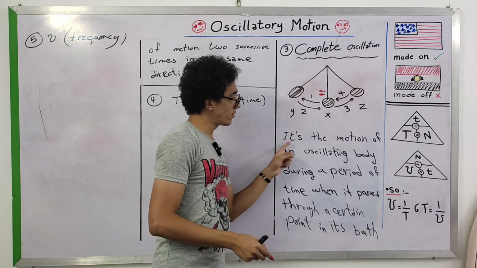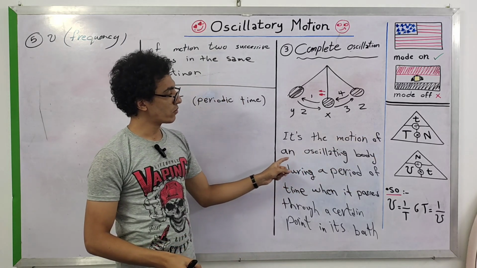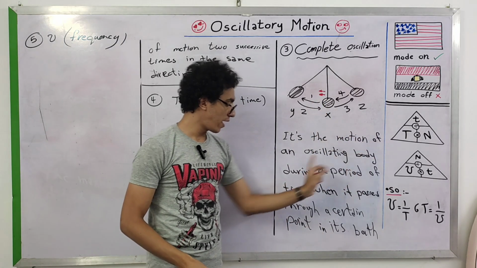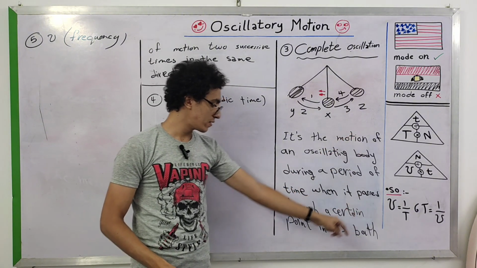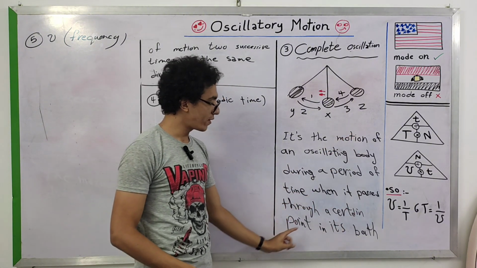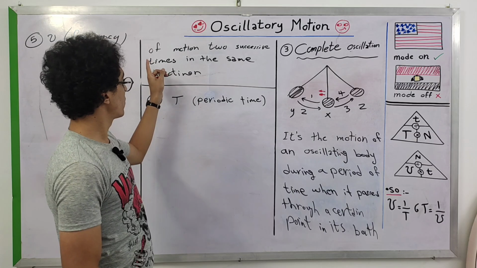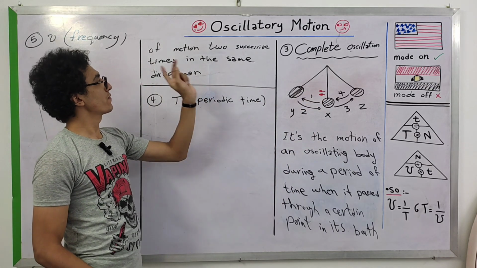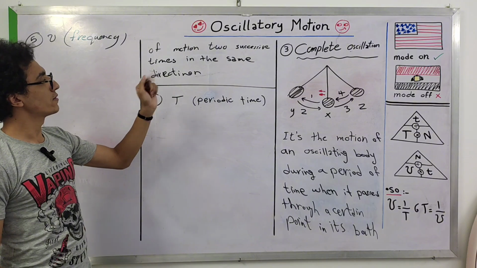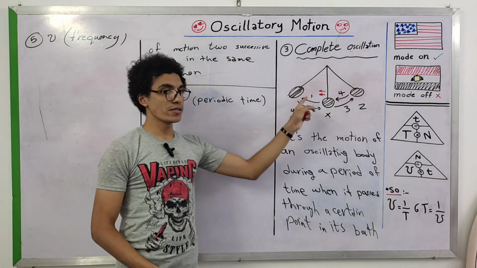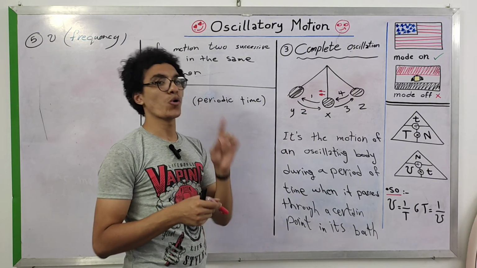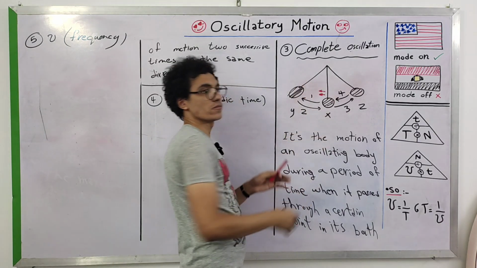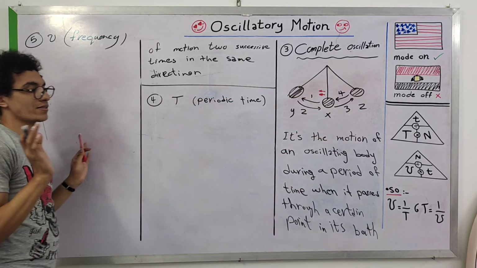So it is the motion of an oscillating body, like this bob, during a period of time when it passes through a certain point in its path of motion two successive times in the same direction. This is what we call a complete oscillation. Two successive times. That is it. Simple.